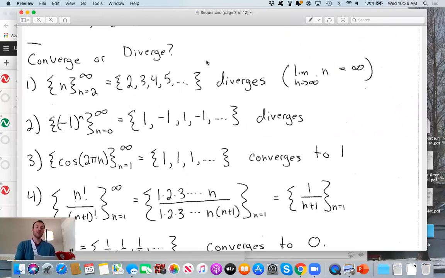So we want to ask, what happens to this list of numbers? And this list of numbers keeps growing, 2, 3, 4, 5, 6, 7, and so on. And so this sequence never actually gets close to any fixed number. So this sequence is going to diverge.